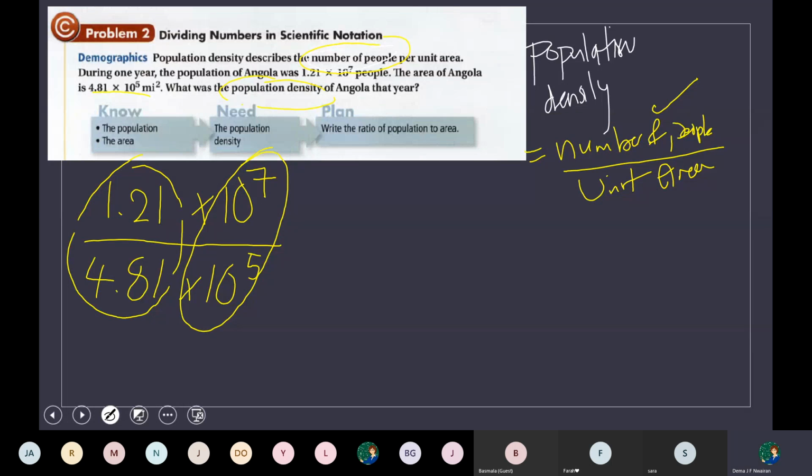After that, 1.21 divided by 4.81, how can I divide it? Look here. If I move this decimal point 2 digits, I can also move the dividend 2 digits. So it will be times 100.